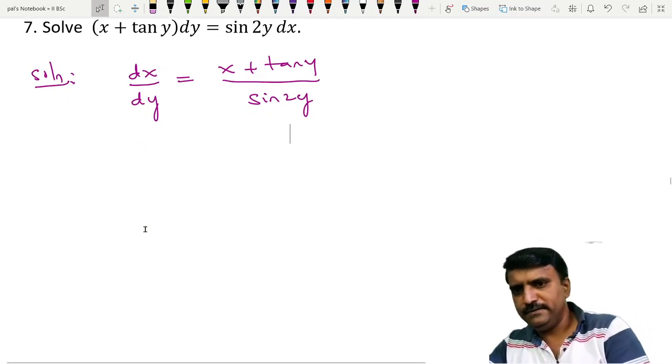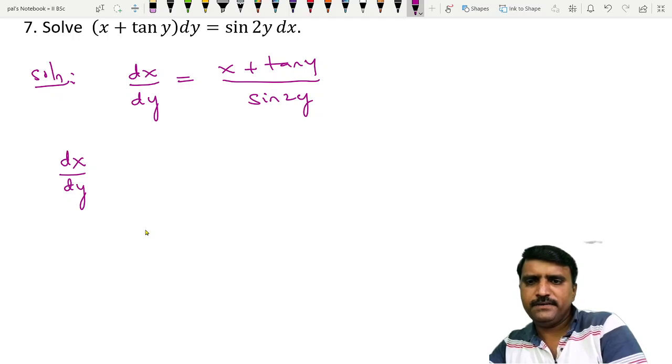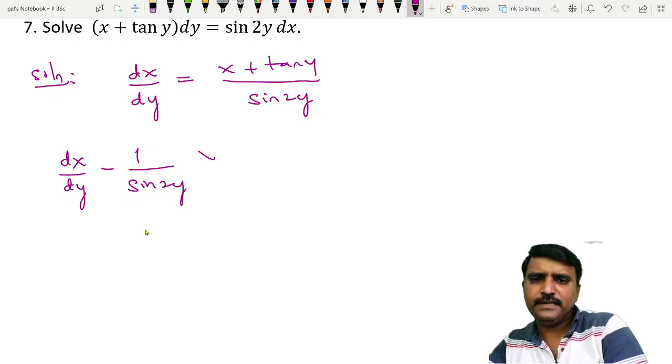So dx by dy, take this x by sin 2y term to left hand side, it is minus 1 by sin 2y into x is equal to tan y by sin 2y.